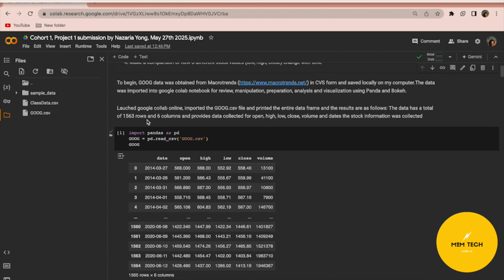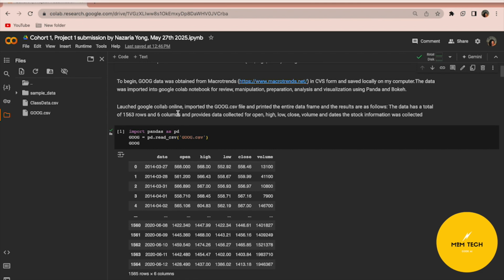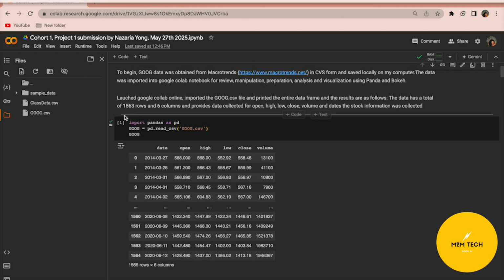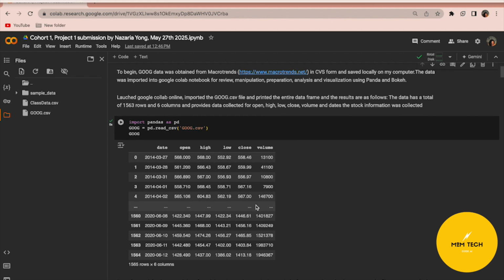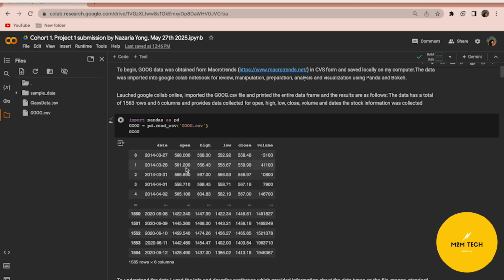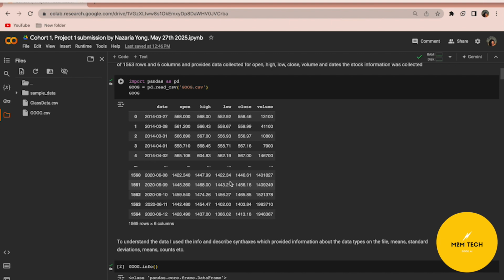So I launched the Google Colab website online, imported the Google CSV file and printed the entire data to take a look at the data, and I found out that the data had 1,565 rows and 6 columns. So the columns are date, open, high, low, close, and volume stock values.